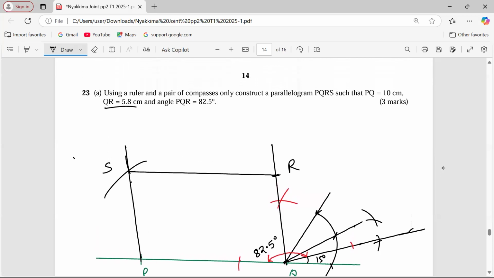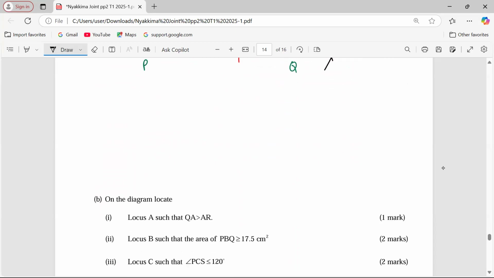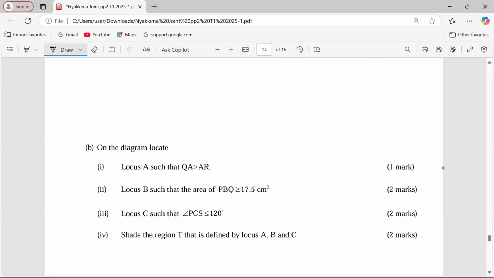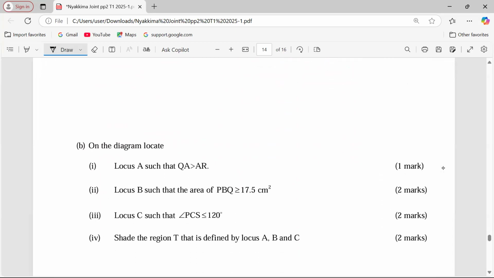Now let's get to more questions about the same. On the diagram, locate the locus A such that from Q to A is greater than from A to R. So we're going to translate the inequality into an equal sign first.